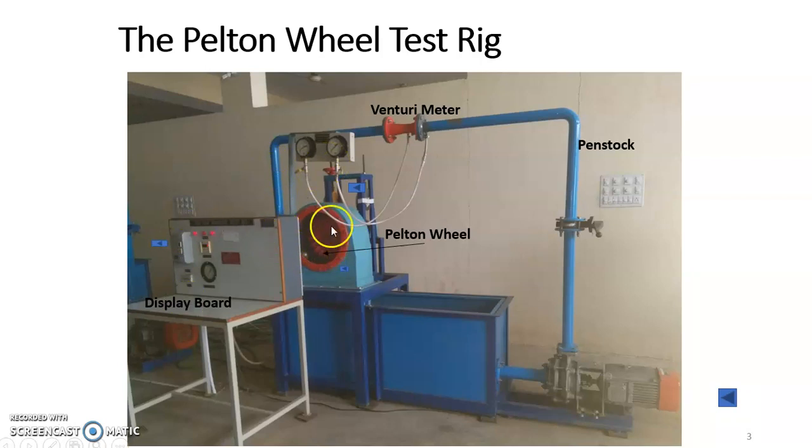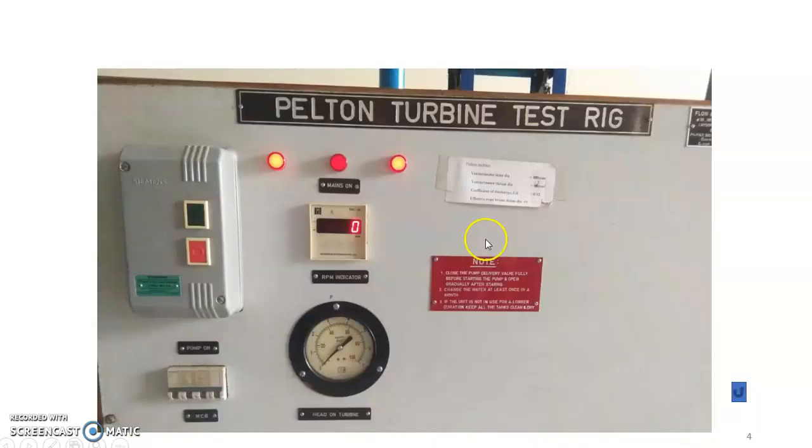There is a display board, and in the display board you can see very clearly there is a pressure gauge by which we observe the head on the turbine in kg per centimeter square. There is also an RPM indicator, a speed indicator. Certain other details related to the Pelton turbines are also given here.